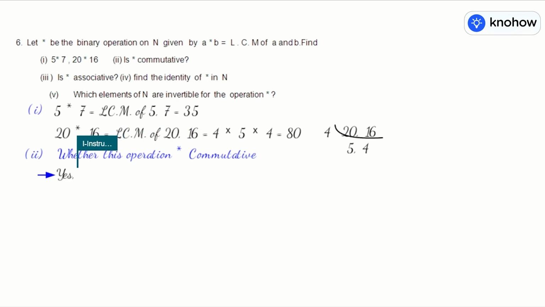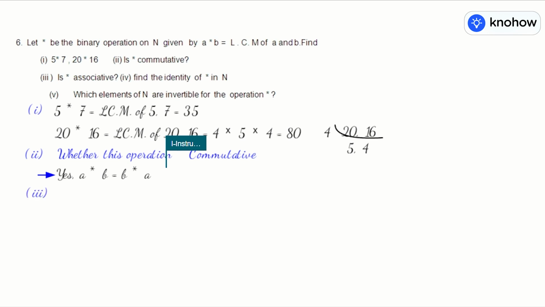So I say yes, it is commutative, because when we are finding the LCM of 2 numbers A and B, or more, their order does not matter. So yes, it is commutative, or A star B is the same as B star A. The LCM of 5 and 7 is the same as that of 7 and 5.